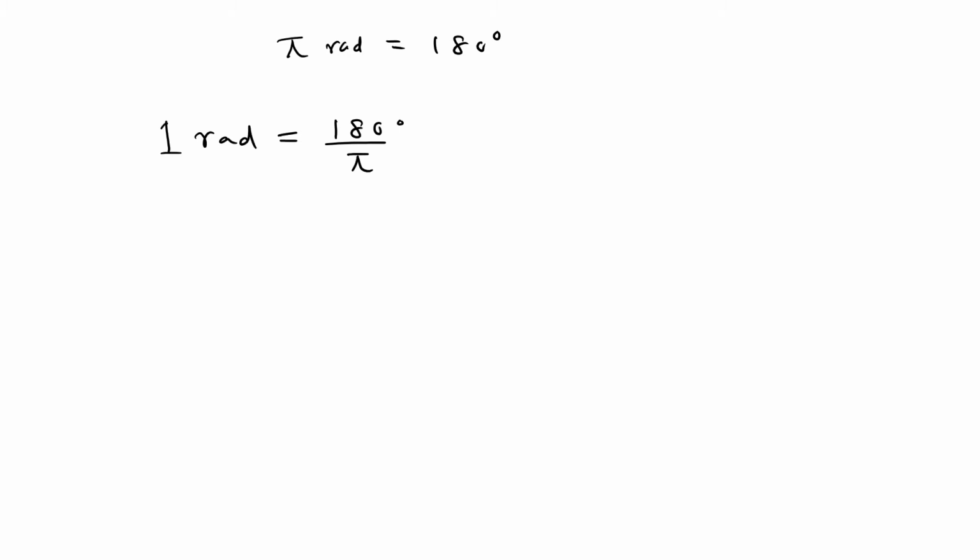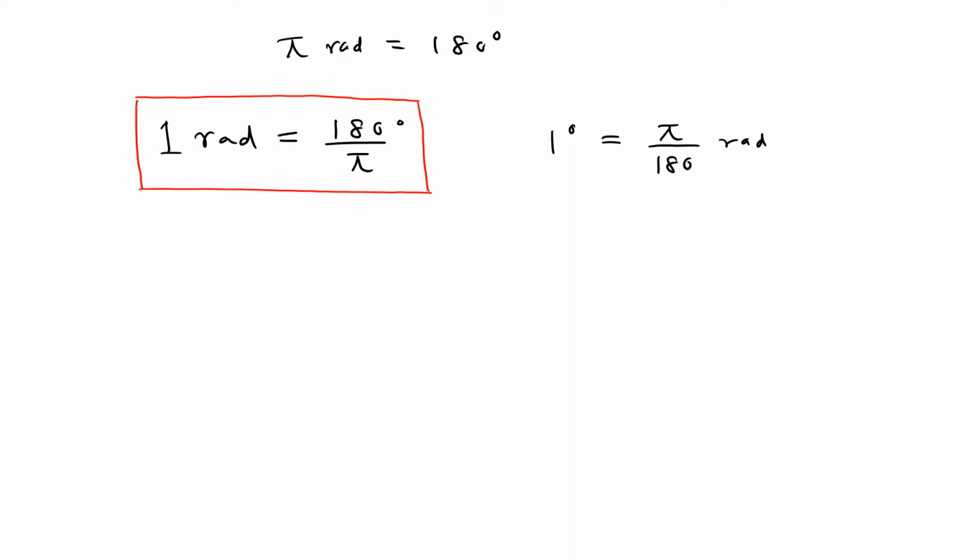Similarly, the other way, you can divide by 180, and 1 degree is equal to pi over 180 radians. So this one we use to convert to degrees, and this one we can use to convert to radians.